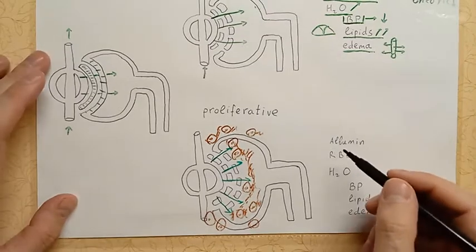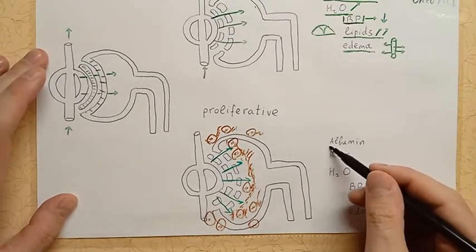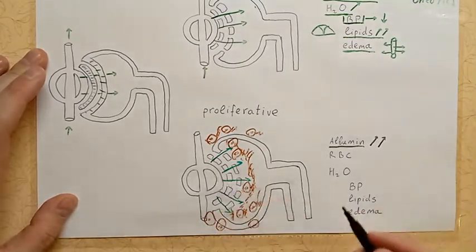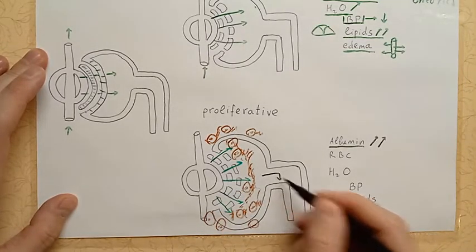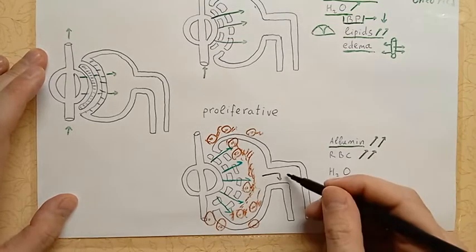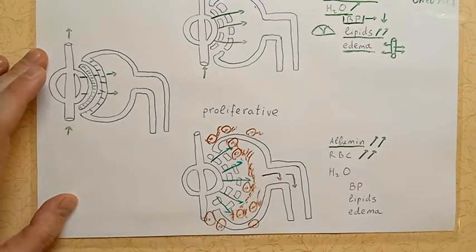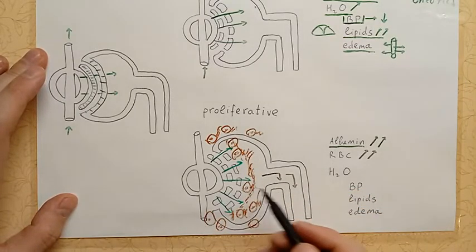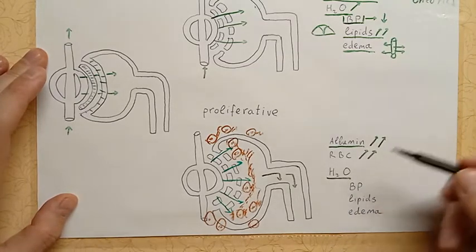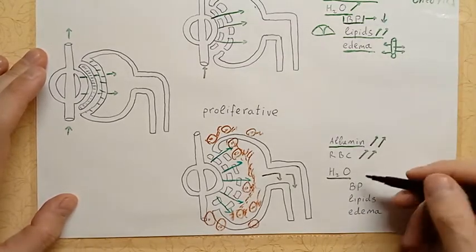So in this case, the patient will still lose albumin into urine. The patient will still lose red blood cells into urine, but the edema will block the loss of water. The loss of water will not be so severe.